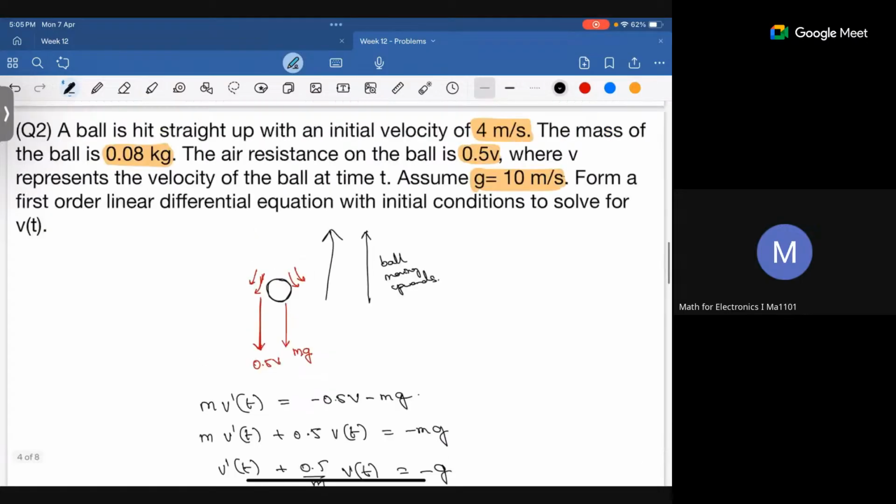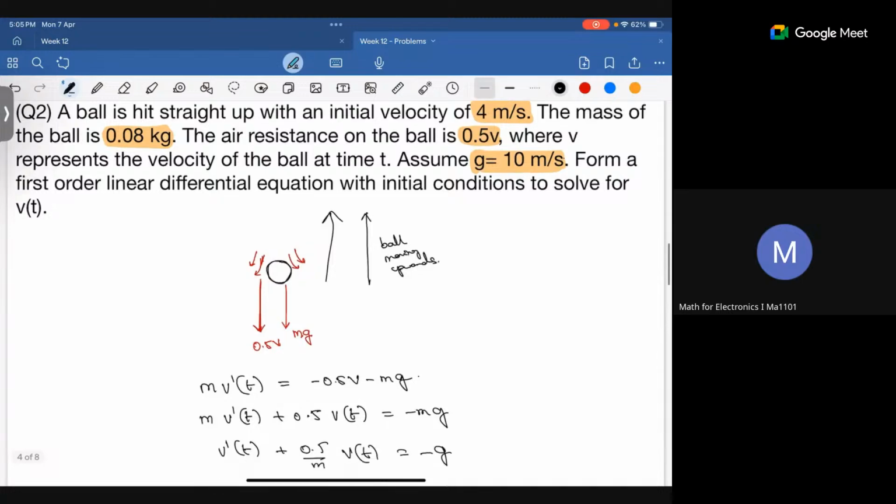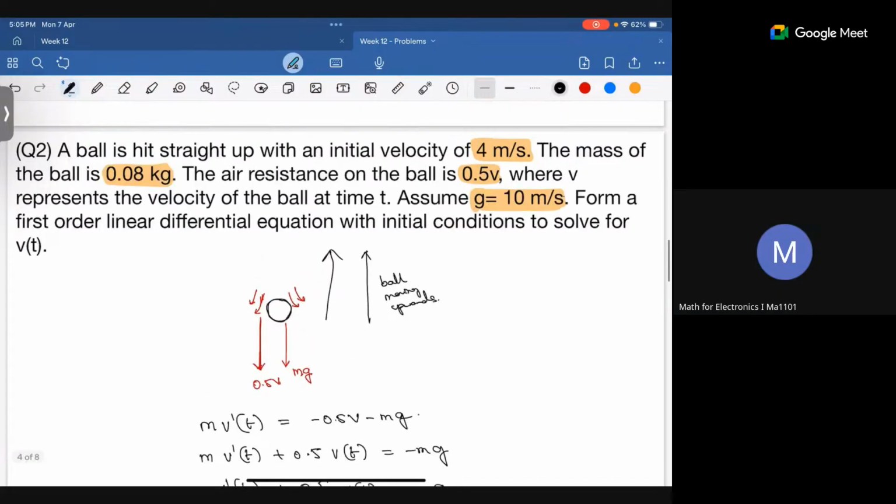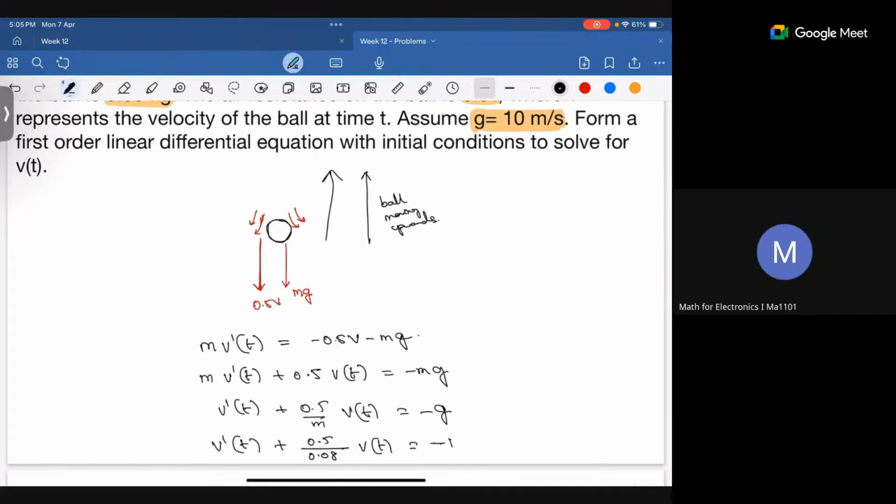Okay, so m is also given to us, which is 0.08. If you just substitute, you will have v'(t) plus 0.5 by 0.08 v(t) is equal to, g is also to be assumed, minus 10. Right, so we'll have this.